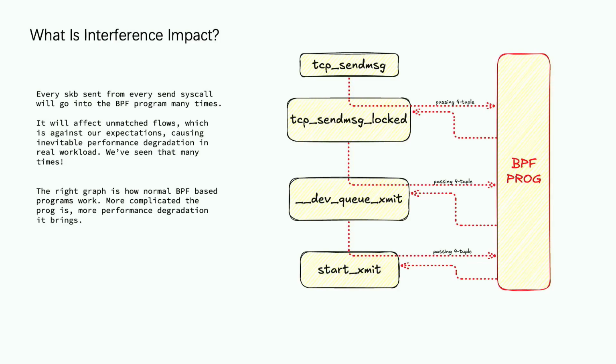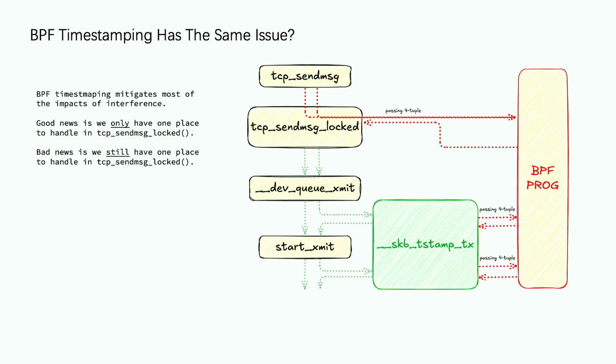It causes a little bit of impact. So what can I do to solve the interference impact? I prefer the BPF timestamping. It's like an advertisement. Okay, and we can see in this green box here, this is the place where we write a BPF program.